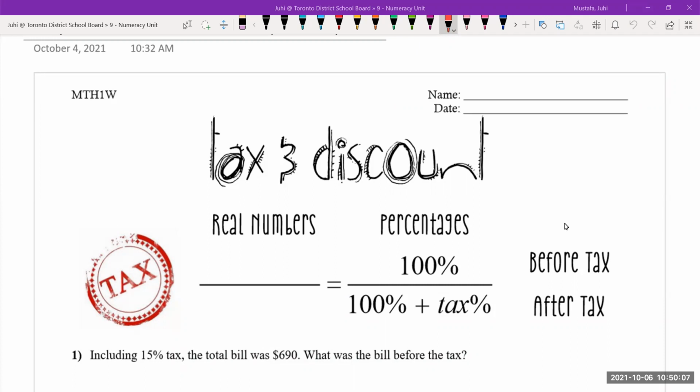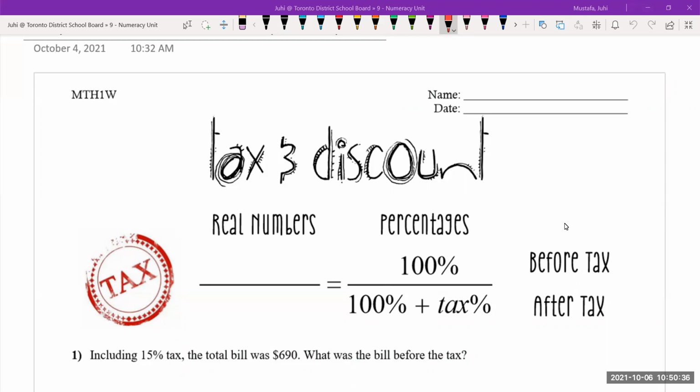Basically, what we're going to do is look at two categories: the price before the tax and the price after the tax. The price before tax is 100%, and then whatever the tax is. So in Ontario, we pay 13%.